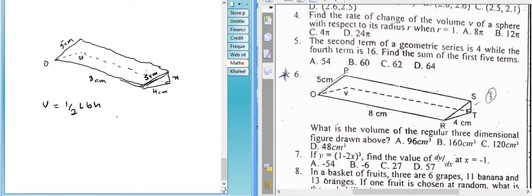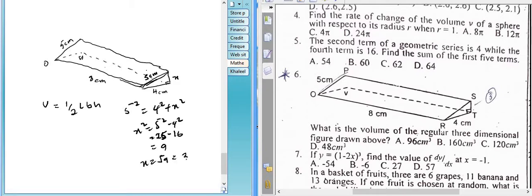Using Pythagoras, the square of the hypotenuse, 5 squared, is equal to 4 squared plus x squared. Therefore x squared is 5 squared minus 4 squared, which is 25 minus 16, which is 9. Then x is the root of 9, which is 3. So the value of x is 3.